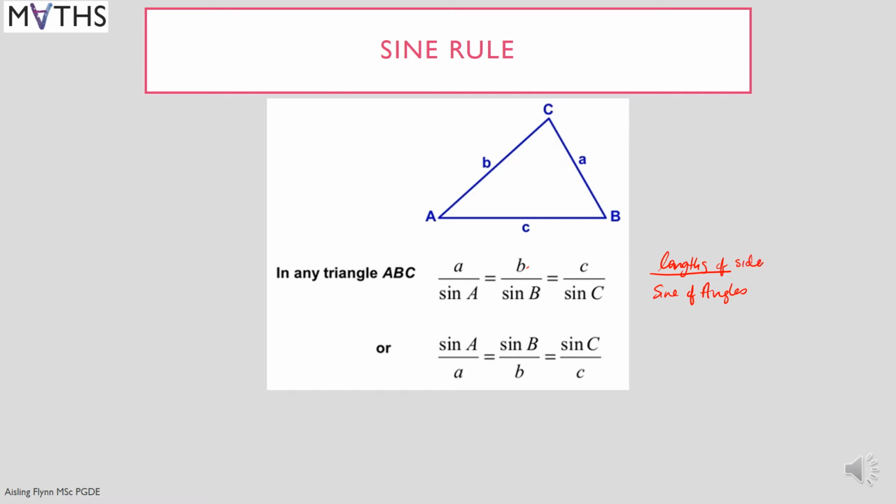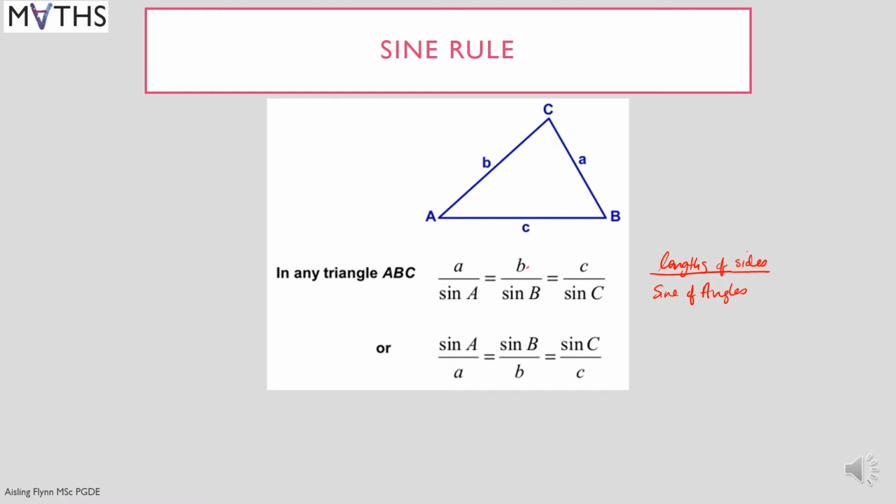It is a ratio, and it compares the lengths of the sides to the sine of the opposite angle, and the ratio between all sides and the sine of the opposite angle should be the same throughout the triangle.